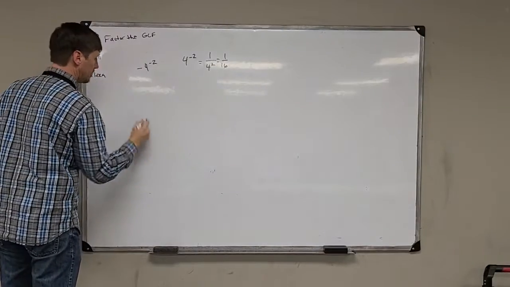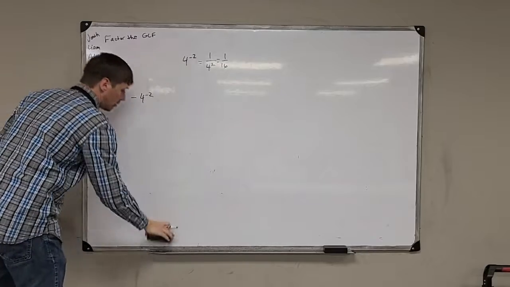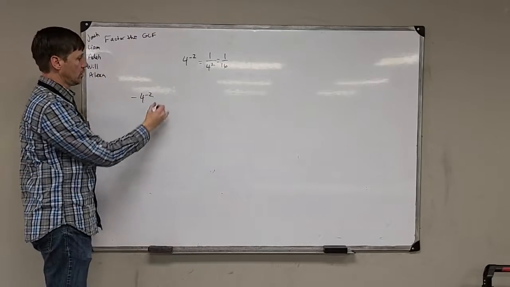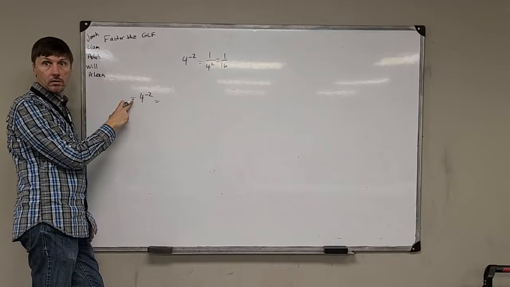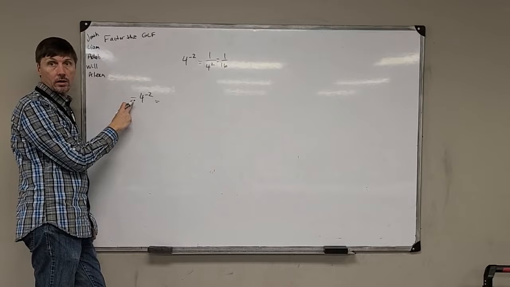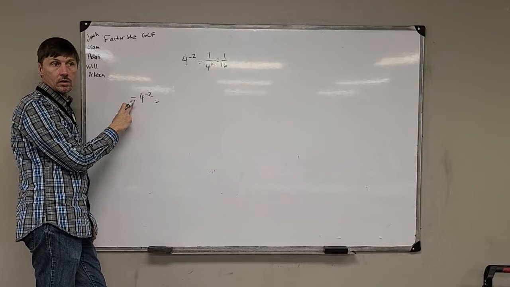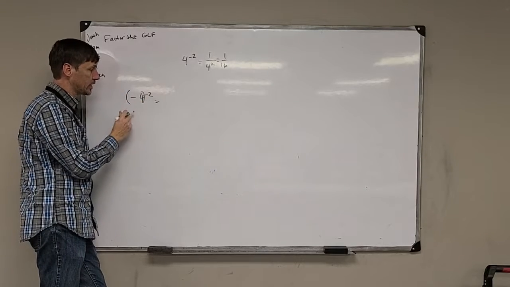All right, that's exactly what we do in this case, right? Let me bring it down here so we've got a little more room. We would say negative 4 raised to the negative 2nd power is equal to, we're not messing with this negative here. Why not? Because exponents only apply to what's directly to the left of it, right? We can only touch the negative sign if it was like that.